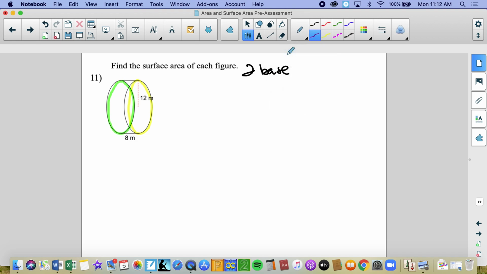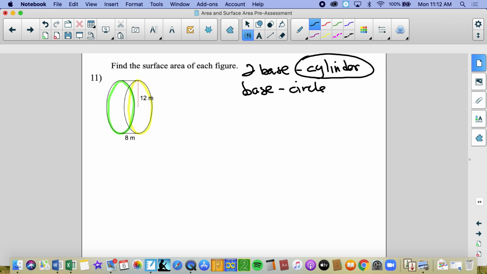So it is a two-base figure. So when we talk about circular bases, we call this a cylinder. And the base shape is a circle. So it's a circular prism known as a cylinder. It's not a circular cylinder because all cylinders are circular. We actually just call it a cylinder.